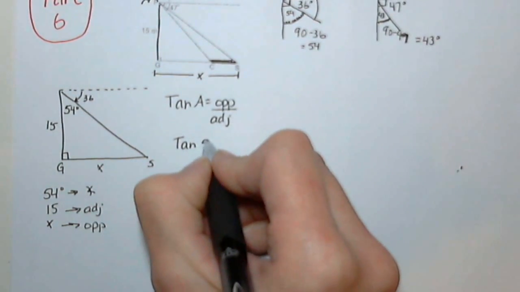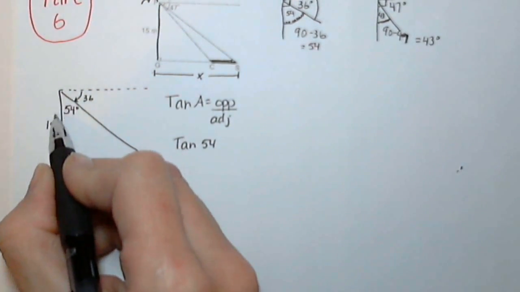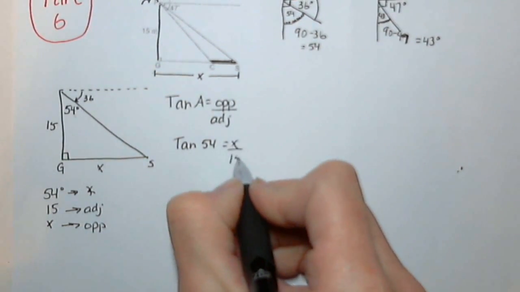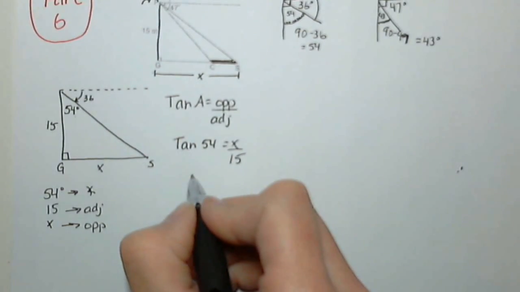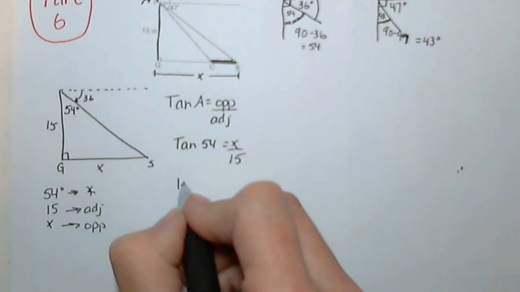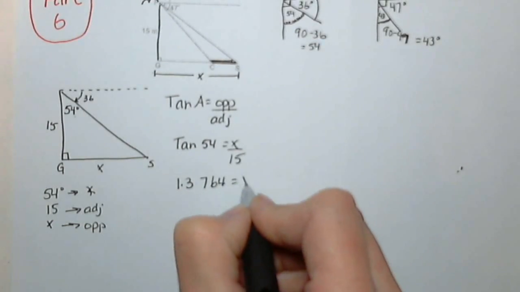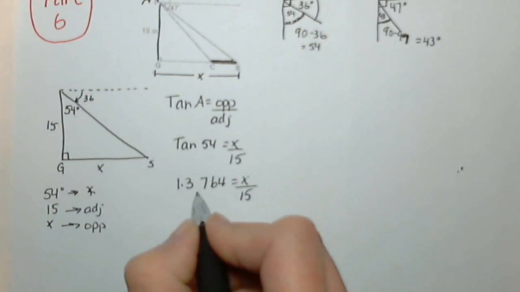The tan of 54, because 54 is the one in my triangle, is equal to X over 15. The tan of 54 is 1.3764, which is equal to X over 15.